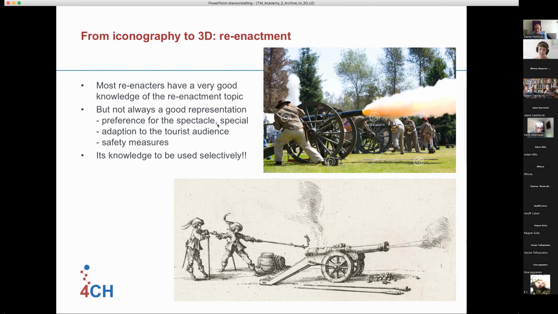Not always are things that loud and spectacular and exploding a lot. Most of these things were much more dangerous, and they were killing nearly in silence, but that you cannot show in reenactment. And of course, like I said, there are safety measures, etc.